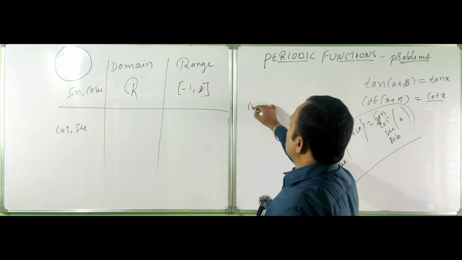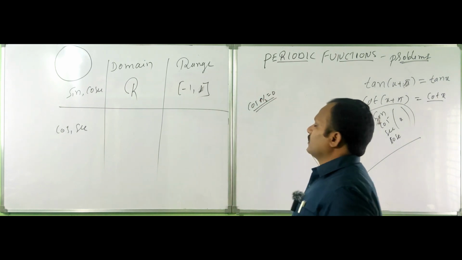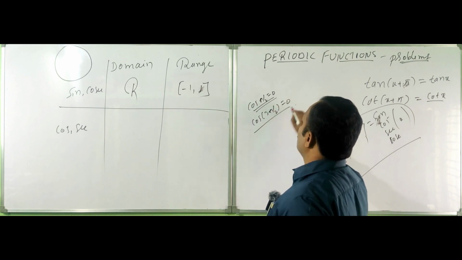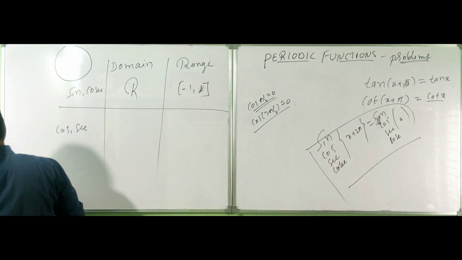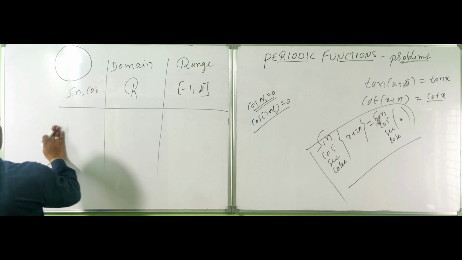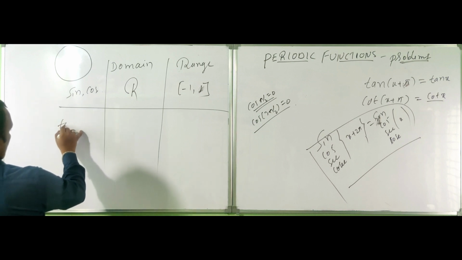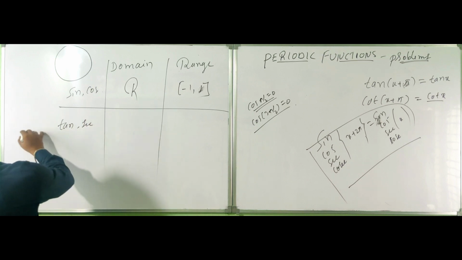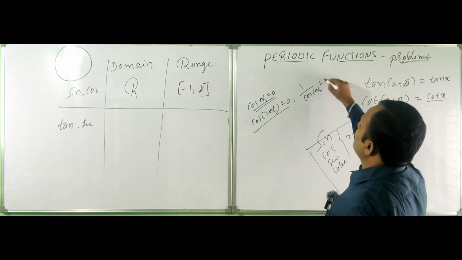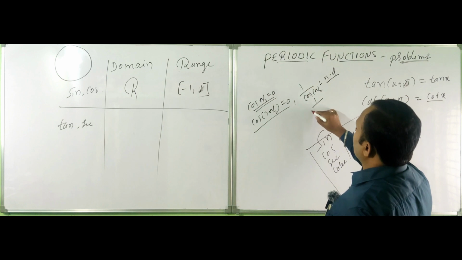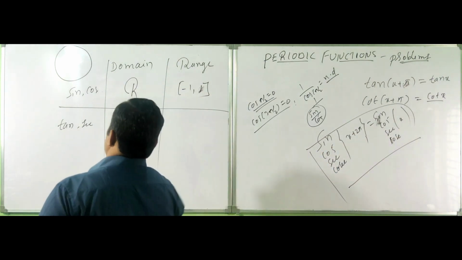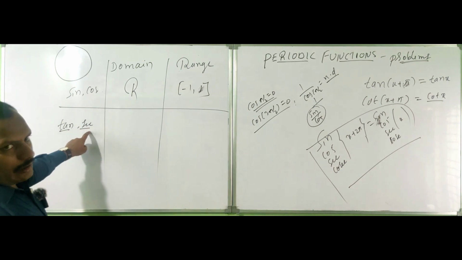Cos pi by 2 is equal to 0, and even cos 3 pi by 2 is equal to 0, so 1 by cos is not defined there. Similarly sin by cos, which is tan, is not defined wherever cos theta becomes the denominator. So for cos theta, tan theta and secant theta, cos is in the denominator.